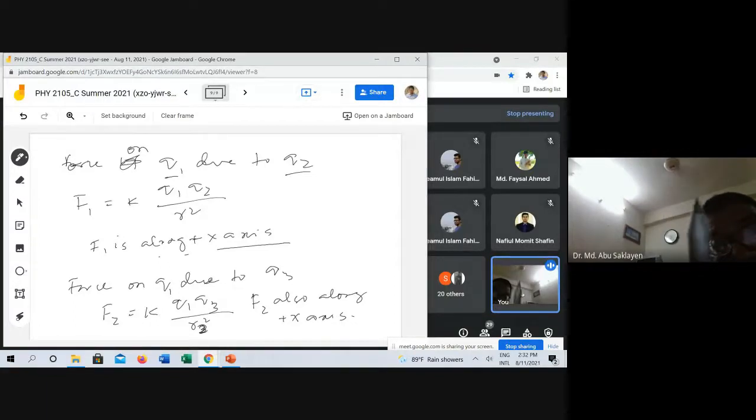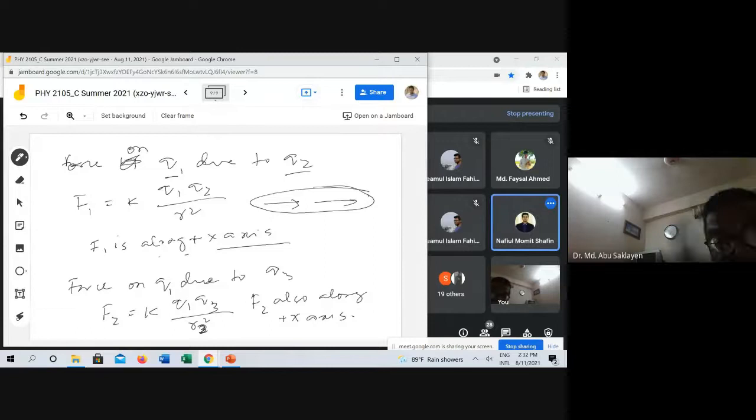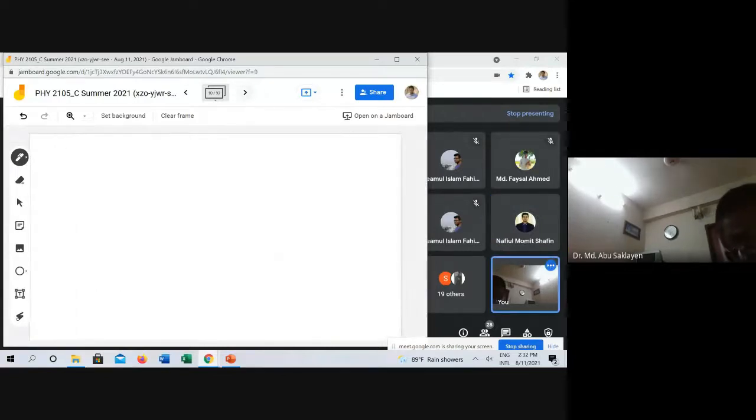What will be the resultant one? Two forces are acting in the same direction, so how do you get the resultant? Same direction, so there will be a sum. F resultant equals F1 plus F2.